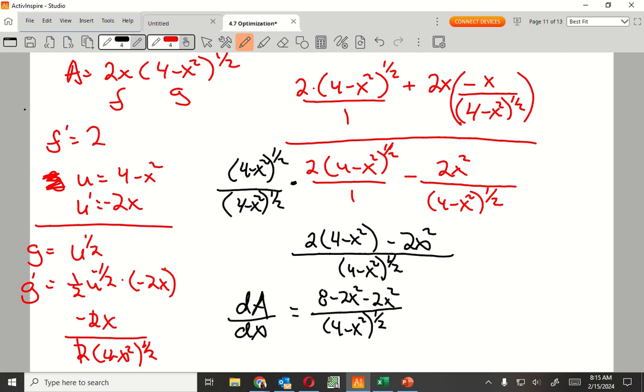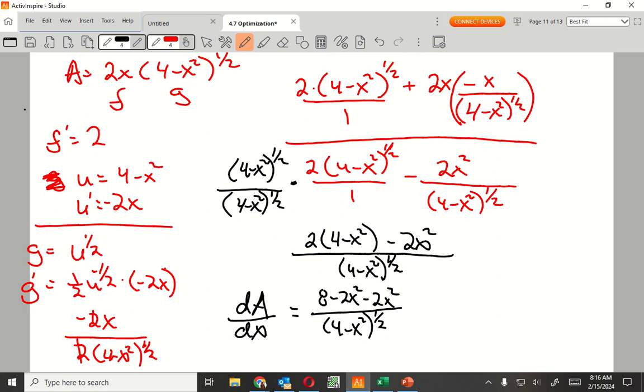Now this next part is going to make life super easy. What's the goal of actually doing all of this? If I'm optimizing, that means I'm either getting a minimum or a maximum. And what do I know about their derivative? Remember, the derivative is the slope, right?